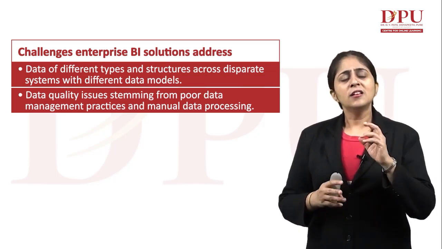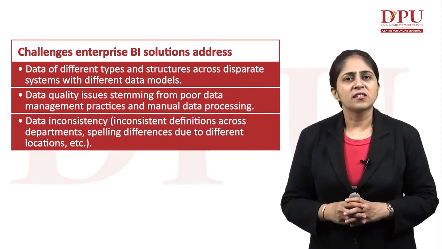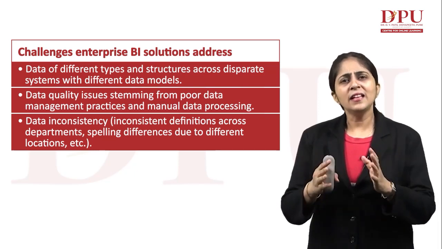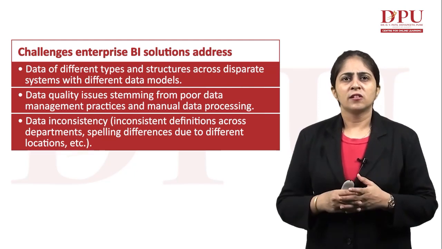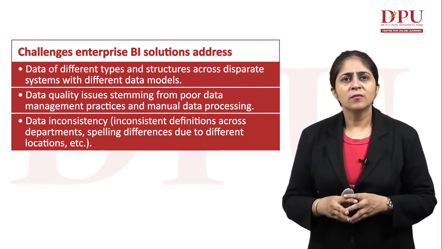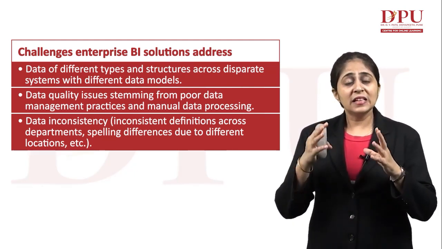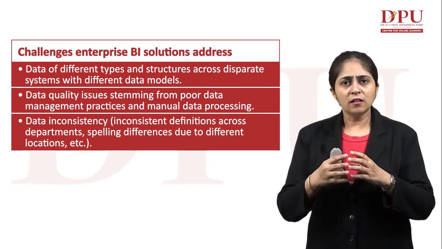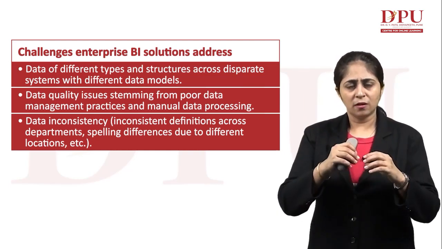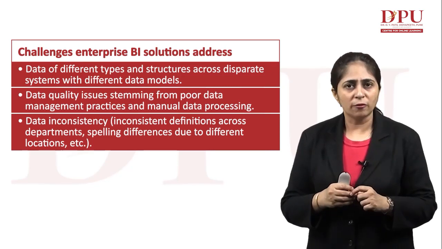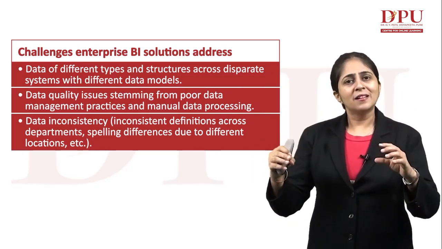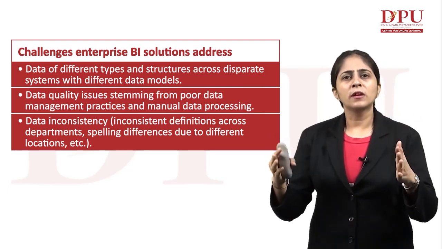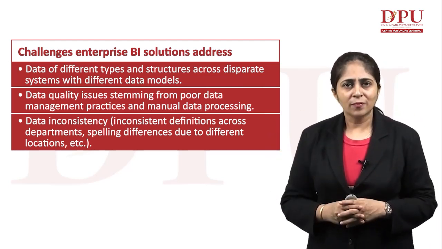Then the third challenge would be data inconsistency. That means inconsistent definitions across departments, spelling differences due to different locations, etc. Data inconsistency means that the data is the same, suppose we take a particular column of data in a table, it is the same in two different tables, but people might have stored it using different spelling.